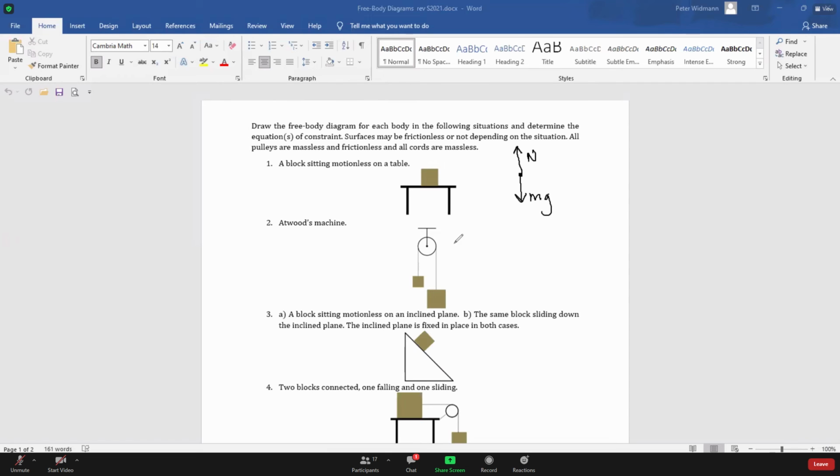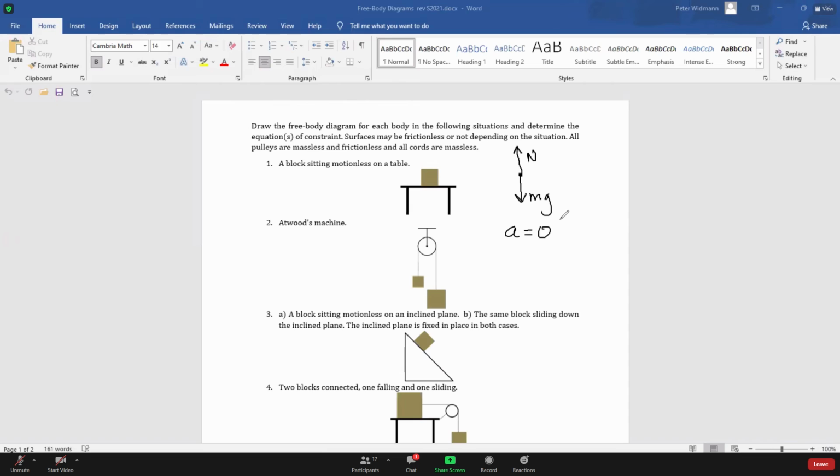But for this particular problem, the equation of constraint on the block is that the block's not moving. So the acceleration of the block is equal to 0. That's an equation of constraint.